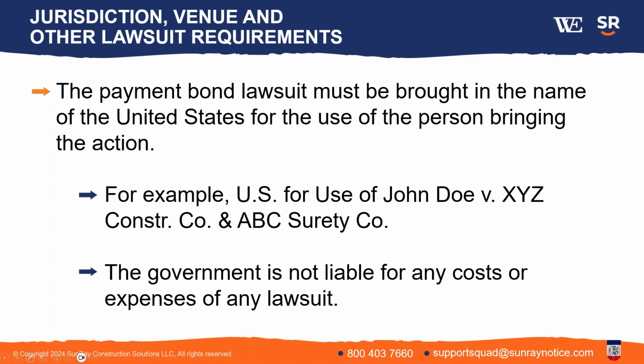But just because it says that, the government's not liable for any costs or expenses. The government's not the one receiving money. I don't know why they require you to title it this way, but they do. The federal government really doesn't have any involvement in the lawsuit because again, there's no retainage held, or at least there's no claim on the retainage. It's only against the general contractor and its bond. Next slide.